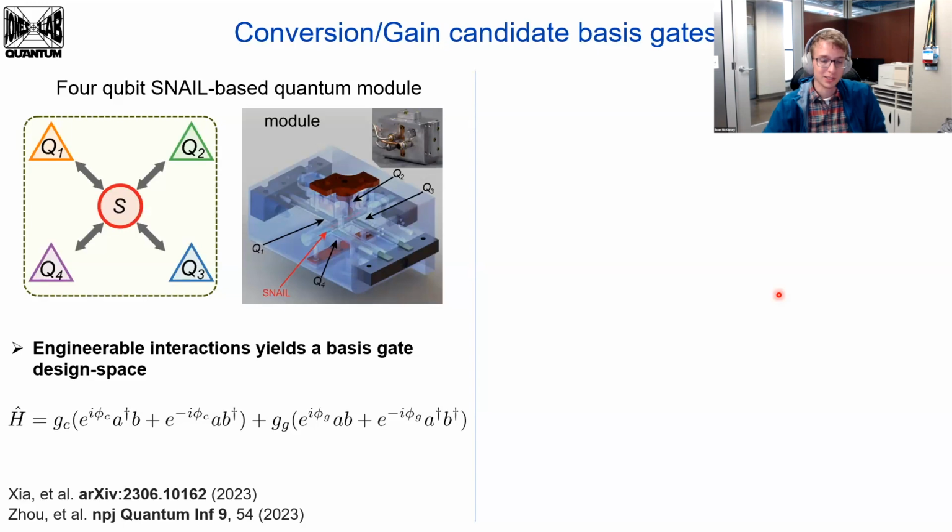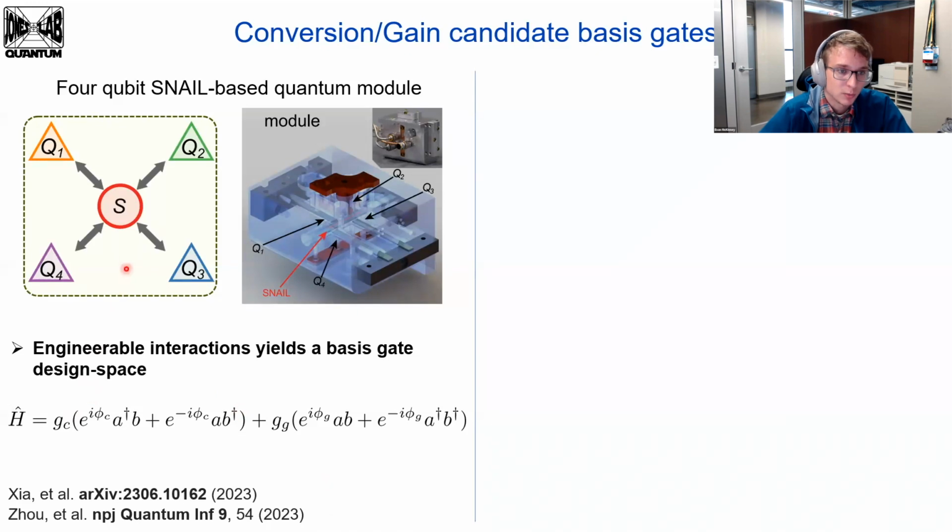And so this is the landscape of candidate basis gates. The SNAIL is a superconducting nonlinear asymmetric inductive element. I'm not going to go into a lot of detail for how this works, but I'll direct you to my collaborators, Minkong and Chao's recent work that describes the specific engineering of the SNAIL in detail.